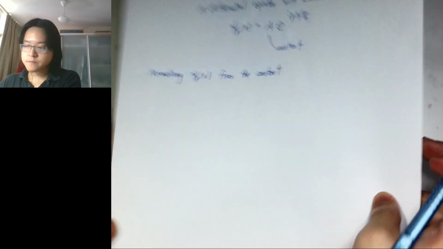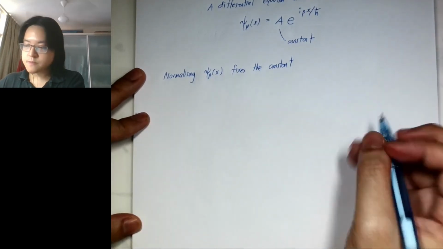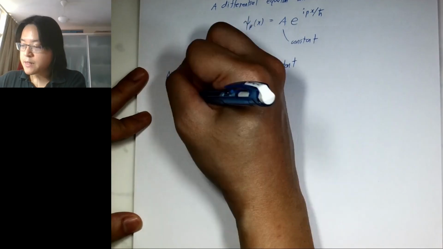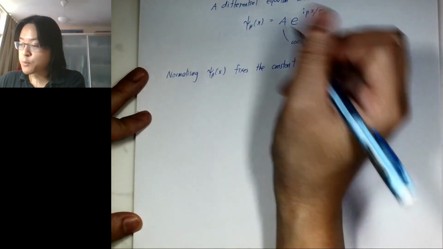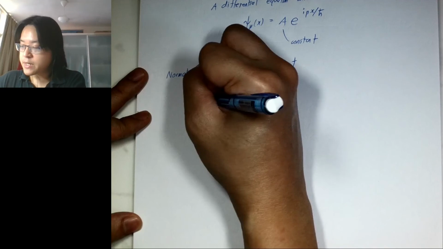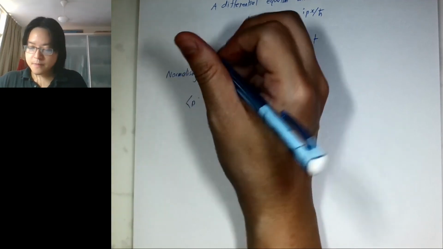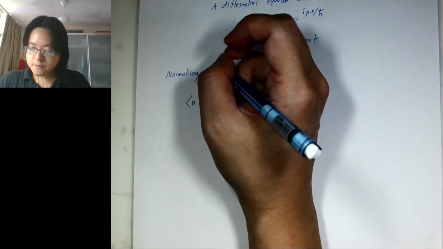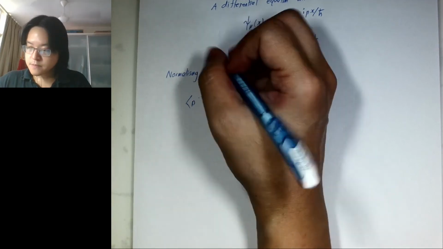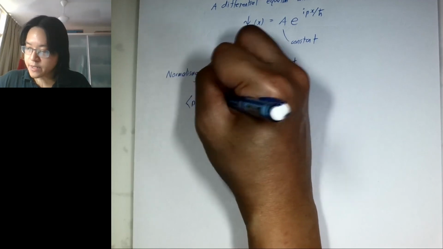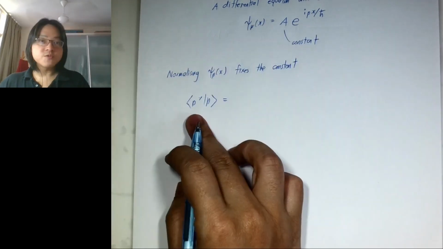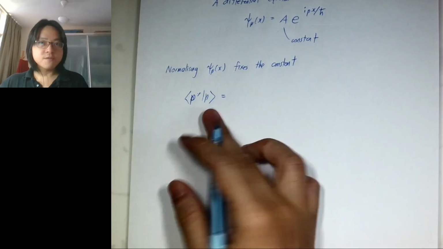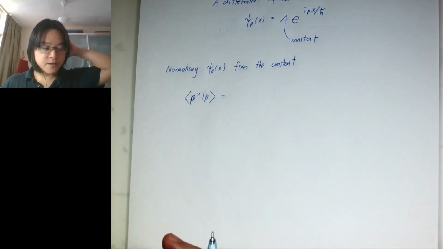Well, to get the normalization, the eigenstates must be normalized, which is to say that p inner product with p prime must be equal to the delta function of p minus p prime, right? So let's try to work this out to make sure whether this is normalized or not.